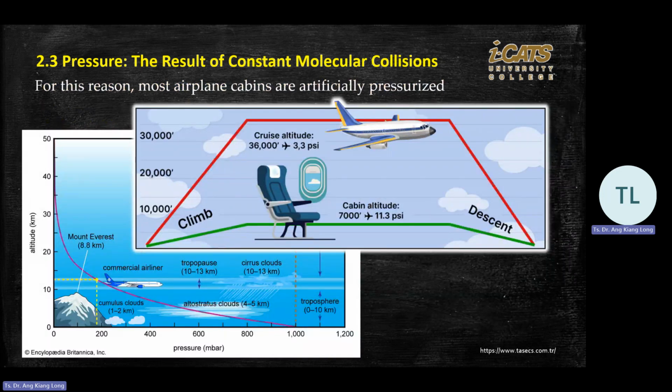When you take a plane, inside the cabin there is a cabin pressure. The pilot will turn on the cabin pressure to pressurize the inside of the cabin so that you feel comfortable. If not, the outside pressure will be very, very low. You're not able to breathe, and it's also very cold.